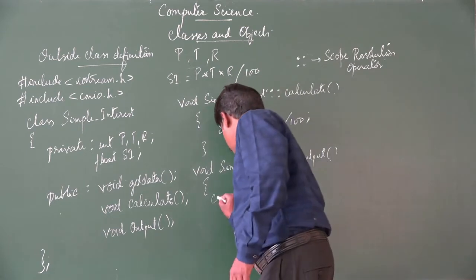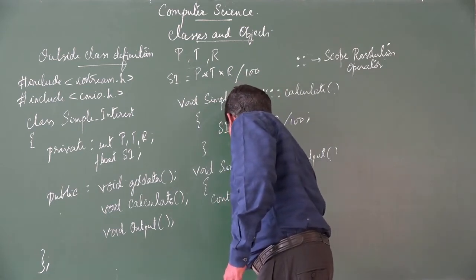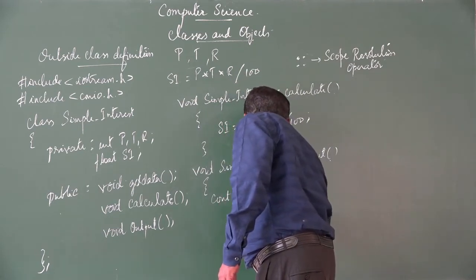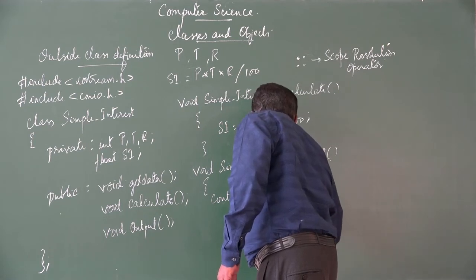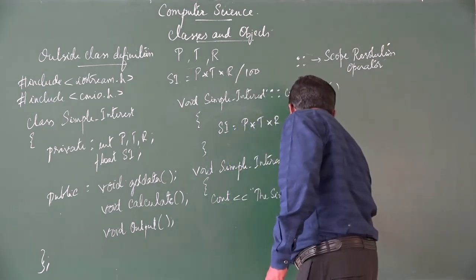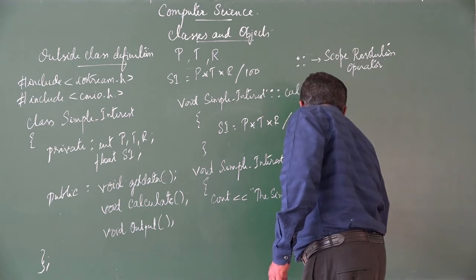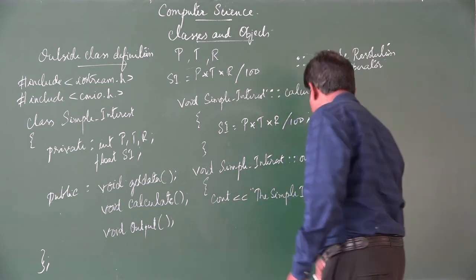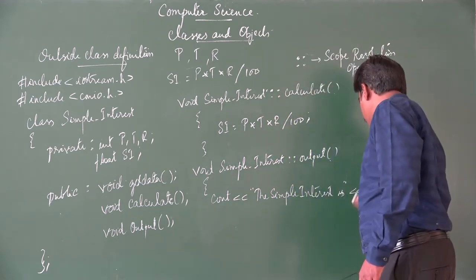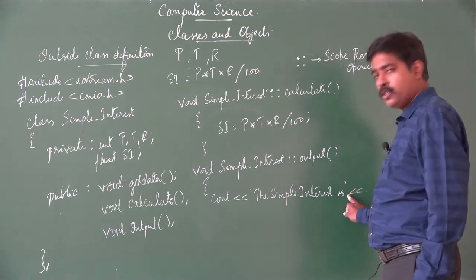So I say cout, "The simple interest is", closing the double quotes, then its value is to be printed.